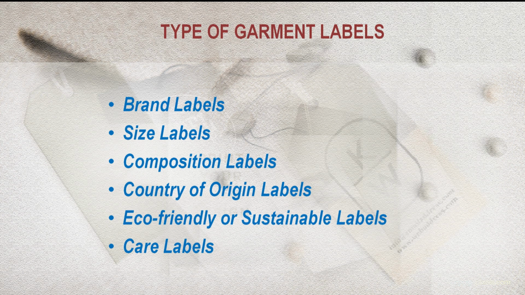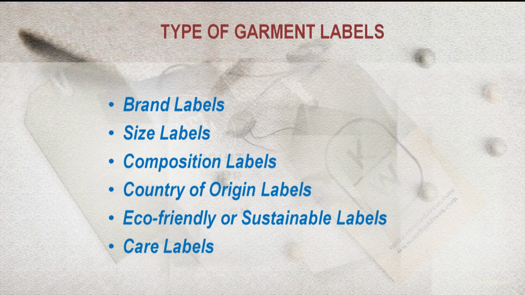Then eco-friendly or sustainable labels. Care labels are generally very important. They instruct the wearer or consumer which instructions should be followed for the laundry, washing or pressing of that particular garment. That information is included in the care labels.